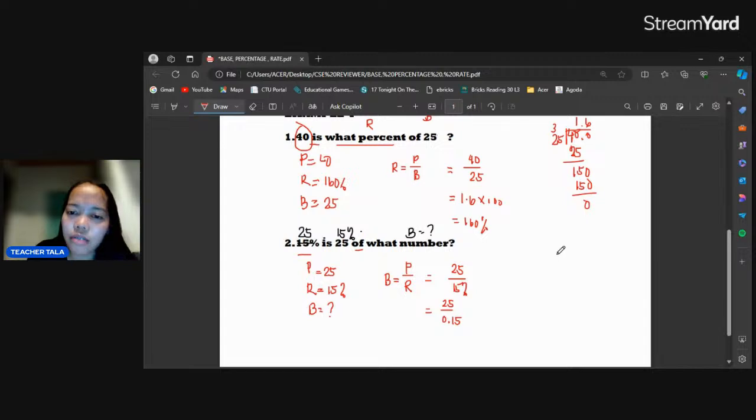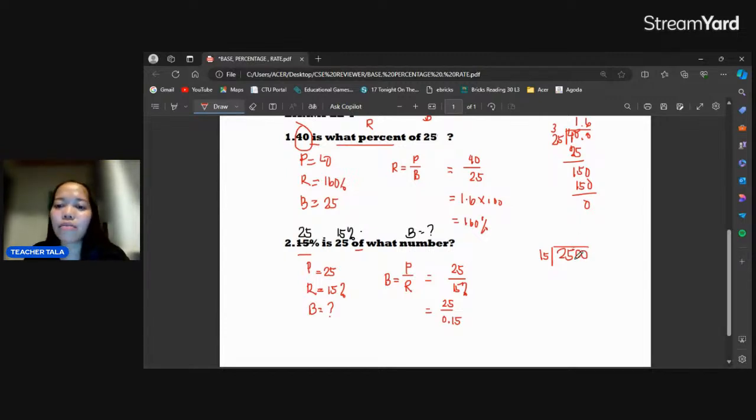Okay, now let's divide. 25 divided by 0.15. Bakit? Kasi we cannot divide using a decimal number as a divisor. So we're just going to make it a whole number. Paano? We're just going to move the decimal point to the right. Now we're going to move 2 places. So we're also going to add 2 zeros sa dividend natin.